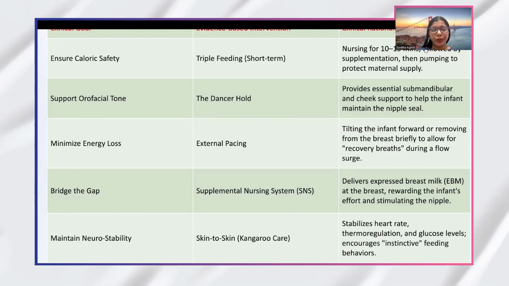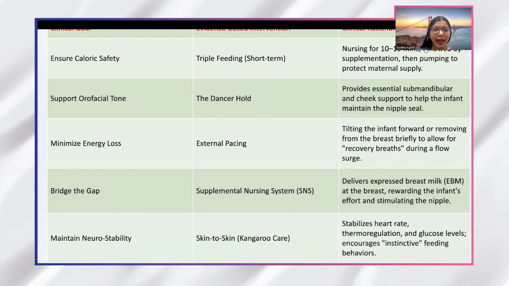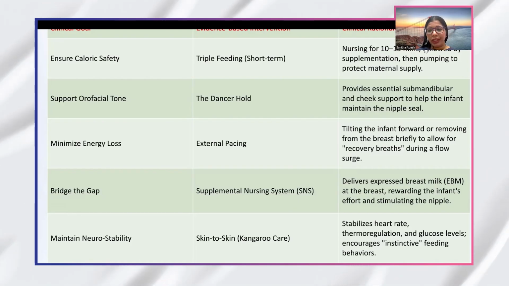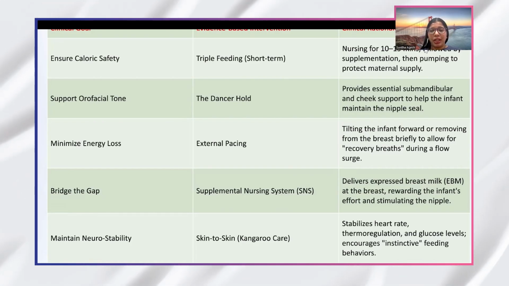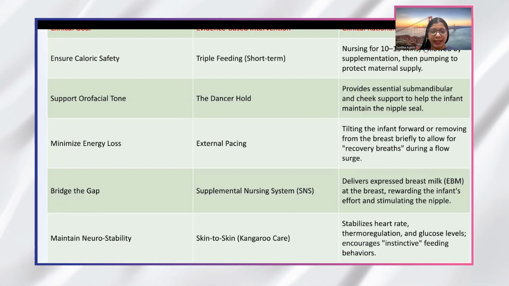Then support orofacial tone. Here we can suggest the dancer hold, and when giving feeding, there is no need to give the full stretch at one time. We can give some time to pass, then latch, so the baby will not get that tired.